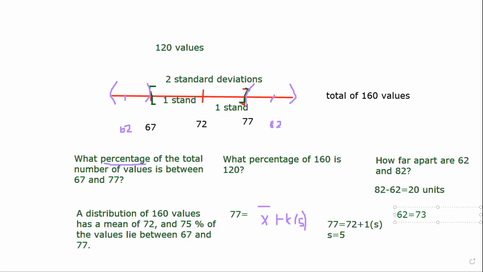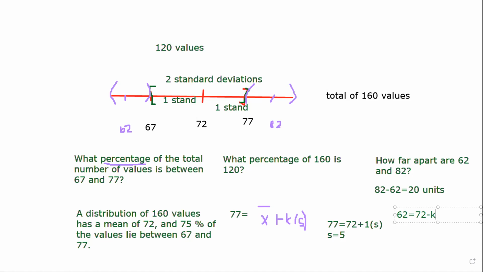But in this case, I'm not going to add because I'm going the other way. So minus K, right? And I know that my standard deviation is 5 units, right?